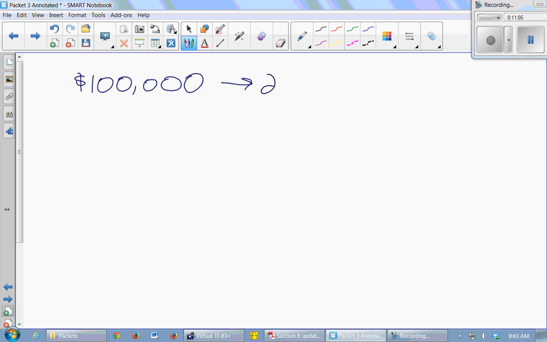What's a 20% down payment? $20,000, yeah. So quick way to get 10% is to move the decimal one to the left, and then you double it, right? So a 20% down payment is $20,000. Does she have enough to cover that? No. Okay, so she has to buy a house that's less than $100,000.